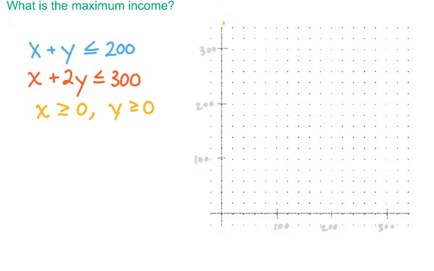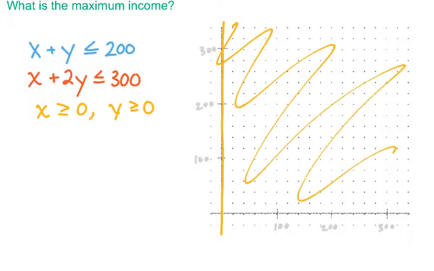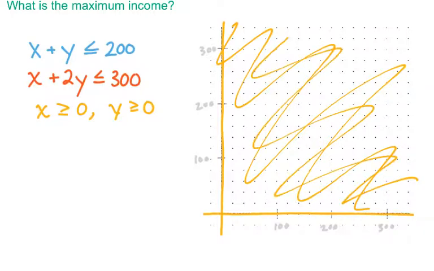Well, x equals 0 is a vertical line. Greater than would be to the right. And y equals 0 is a horizontal line. Greater than would be above. All these two constraints are doing is restricting us into quadrant 1. They're just saying, hey, we have to have a real life situation.